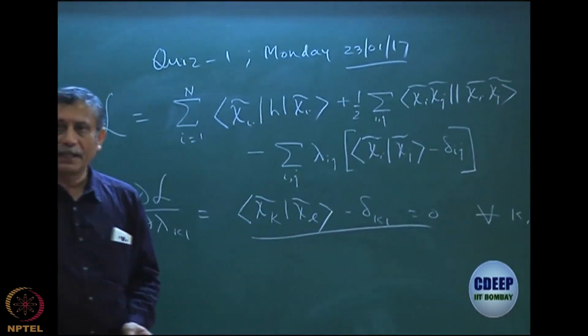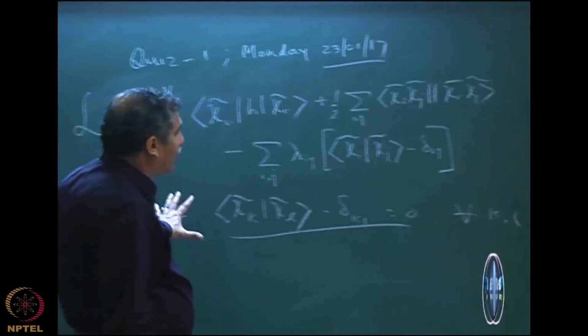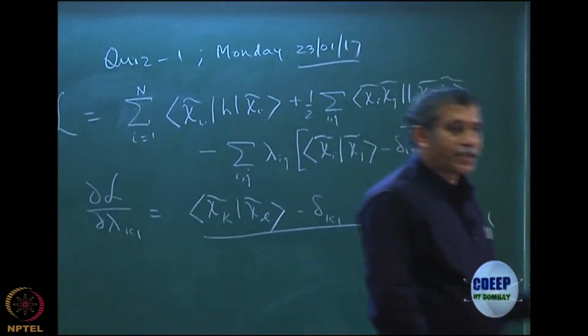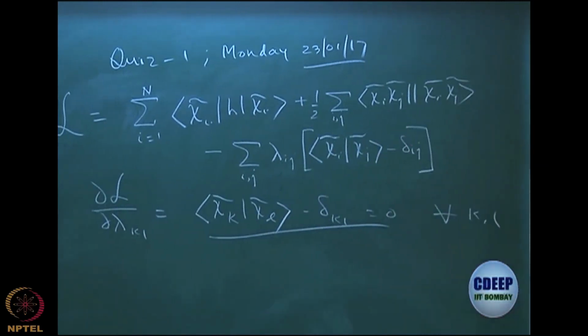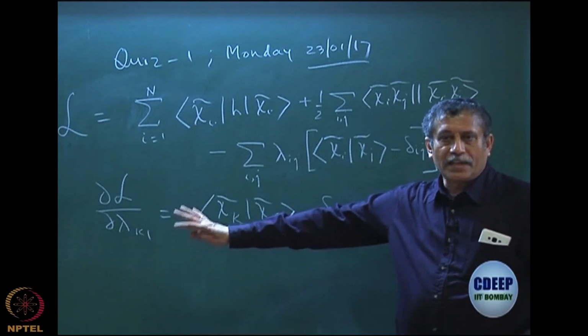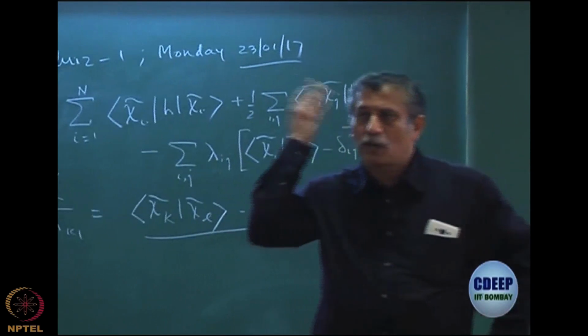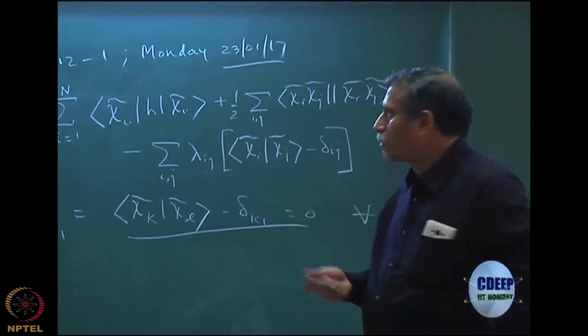So for all kl I can write down this equation. I am not getting any new information, I am just ensuring that my conditions of orthonormality are satisfied. Really this equation is of no consequence to us, because I know in my mind that they will be orthonormal.